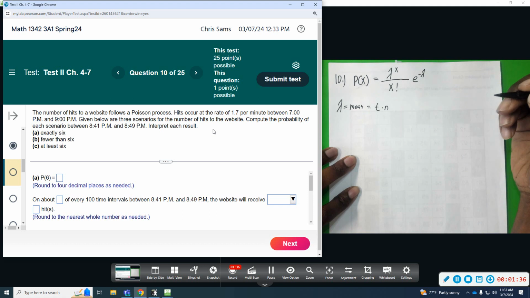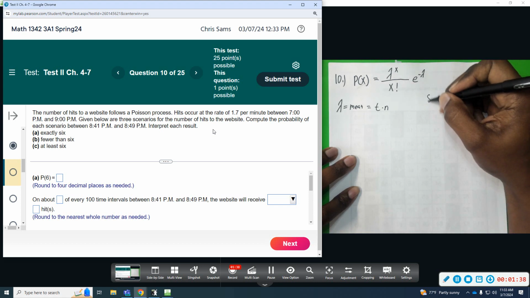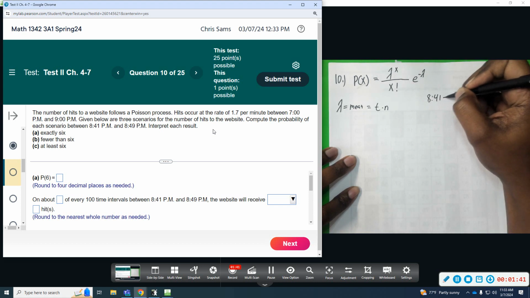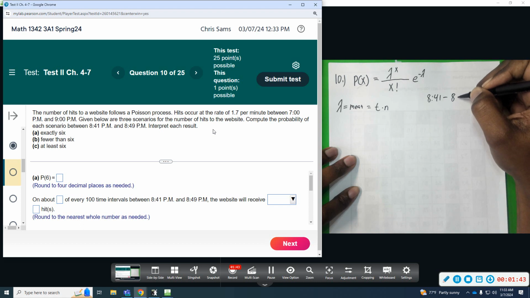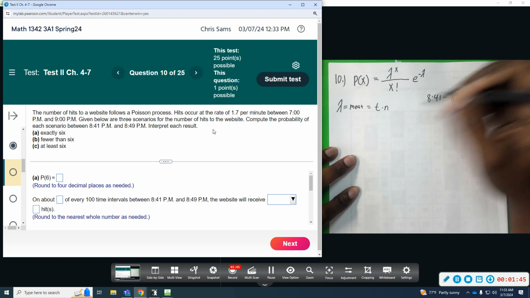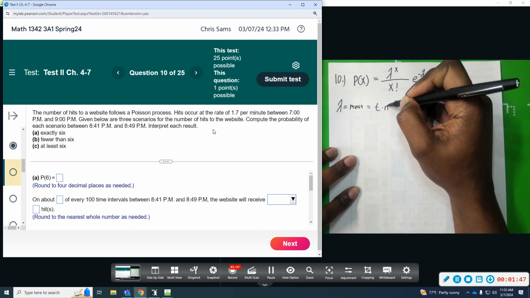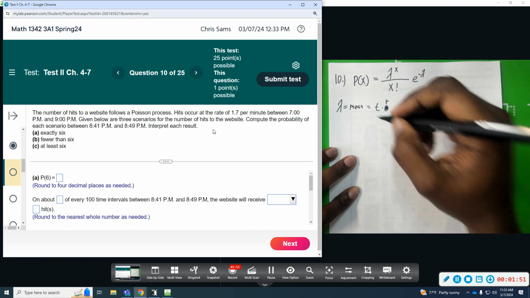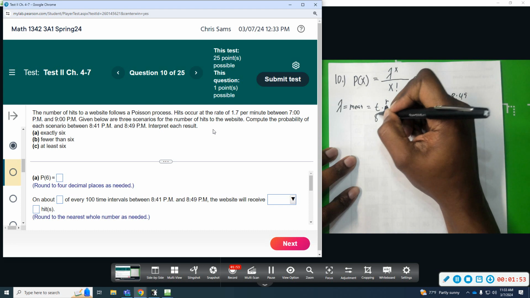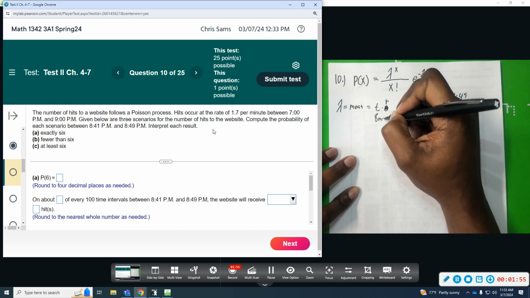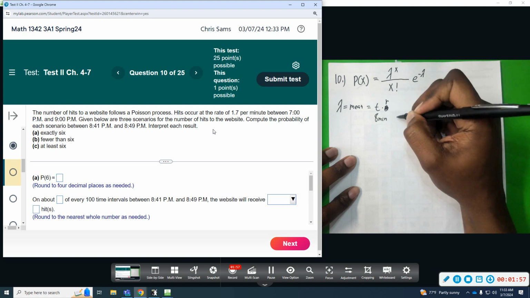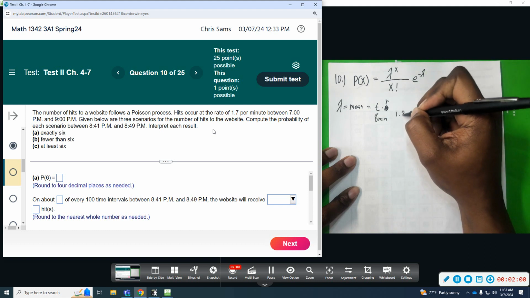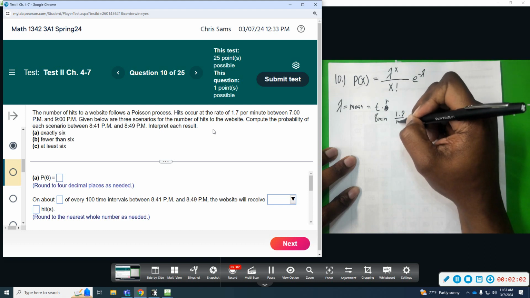In this case, we are going from 8:41 to 8:49. Time times, I guess I should say rate. Let me just put an R here. Rate will be a better one. So the time is 8 minutes. The rate was 1.7 per minute.